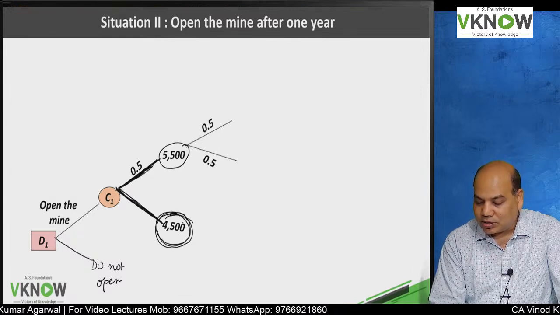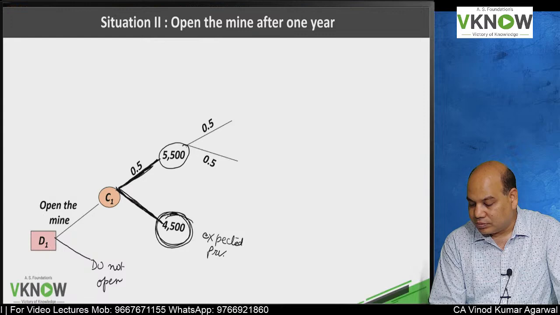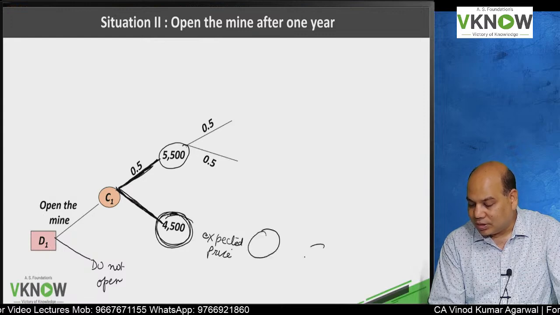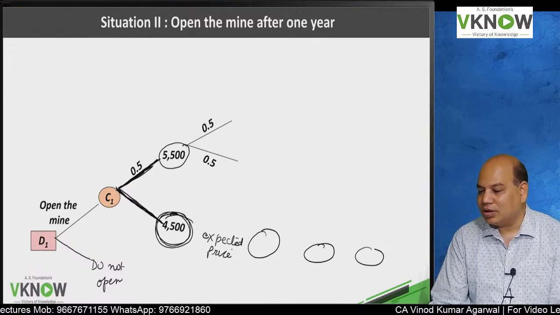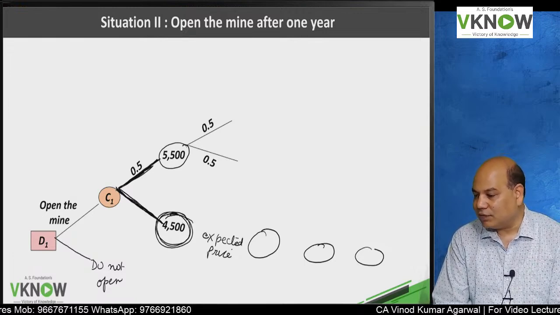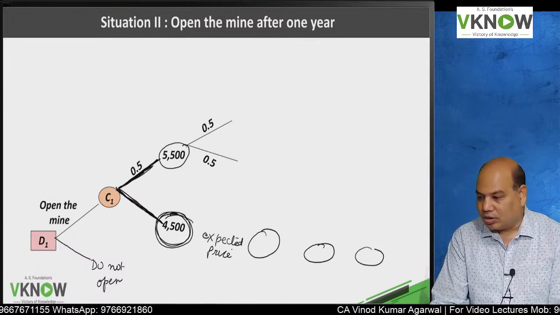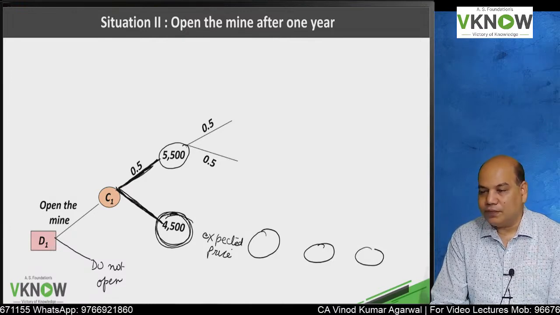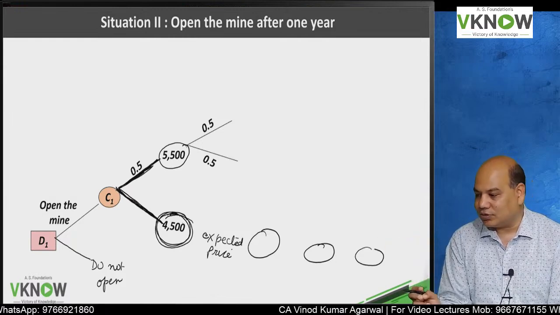If the price is 4,500, what will be the expected price of next year? What will be the expected price in the subsequent years after getting 4,500? We have discussed just now, if you start with 5,000, the expected price will be 5,000.